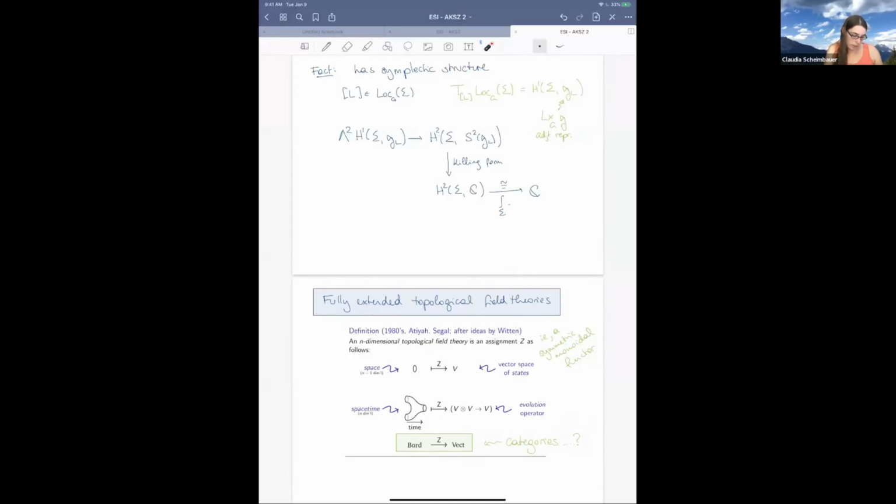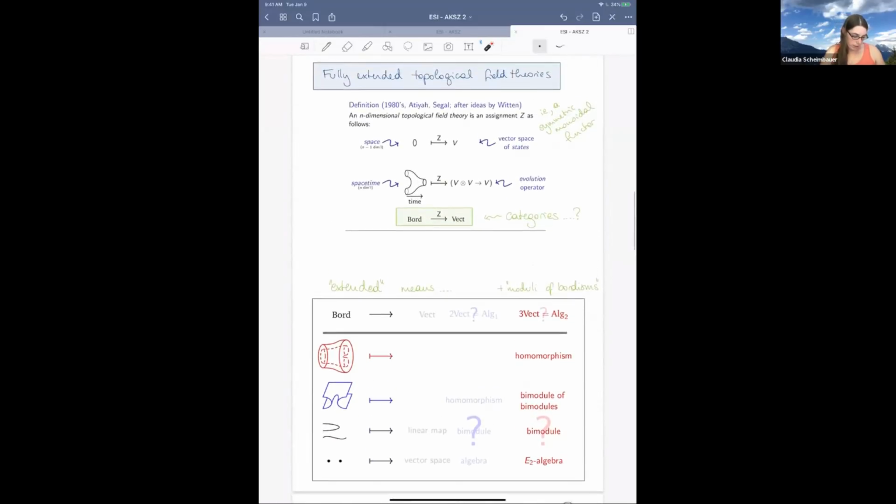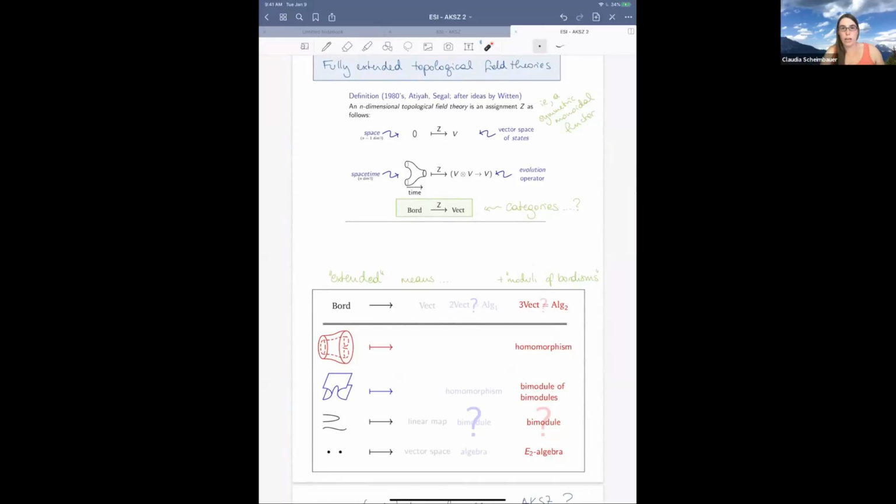What that means is that we don't only want n-dimensional and n-1 dimensional things on the left-hand side, but we also want higher codimensional things. So maybe n-2, maybe n-3, and so on. But then the language of a symmetric monoidal functor of categories is not the right language anymore to encode this. So extended means that we want to get some sort of a higher category.